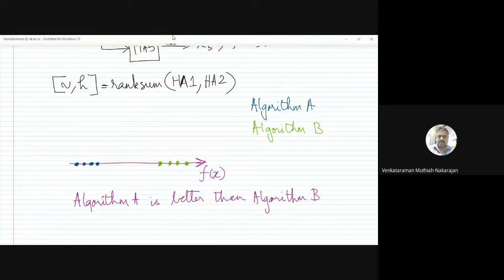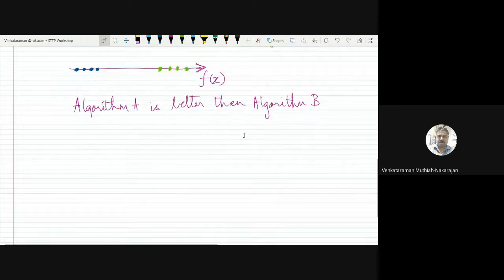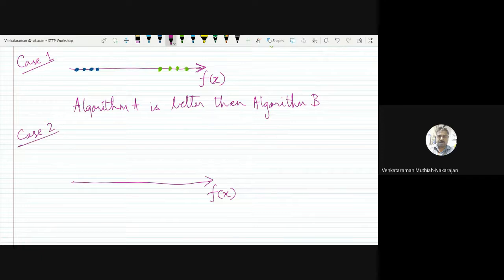Let us consider a different scenario. You have two algorithms, A and B. I'll call this case 1. We have a second case, case 2. The blue algorithm gives an output like this, and the green algorithm gives an output like this.